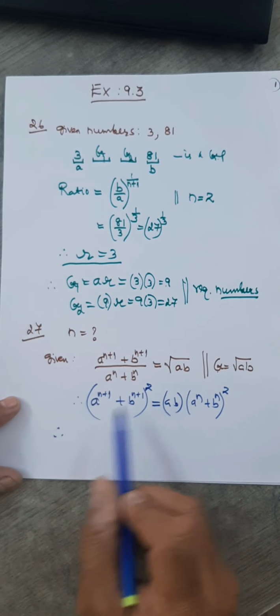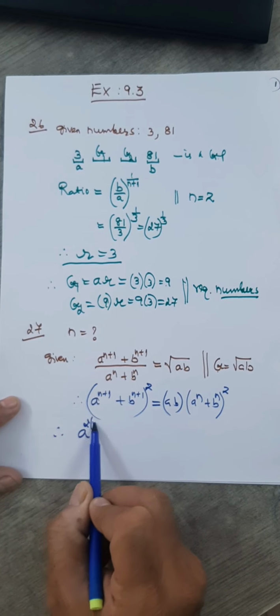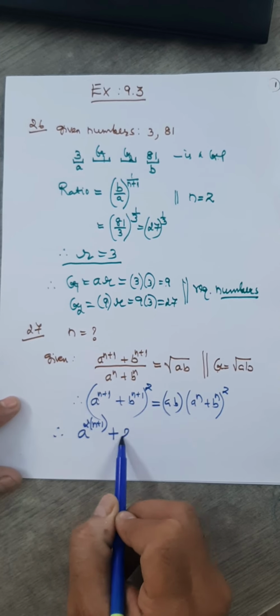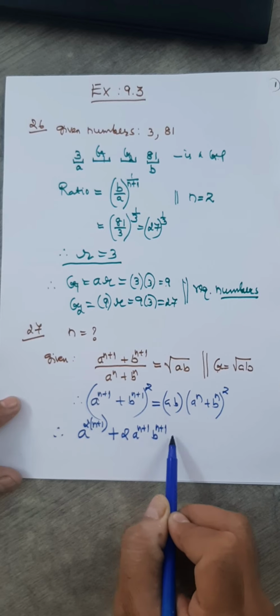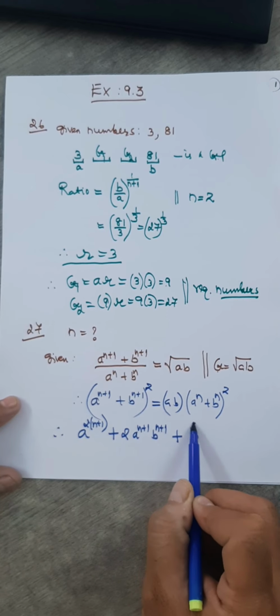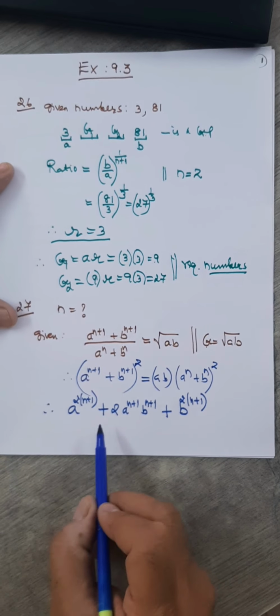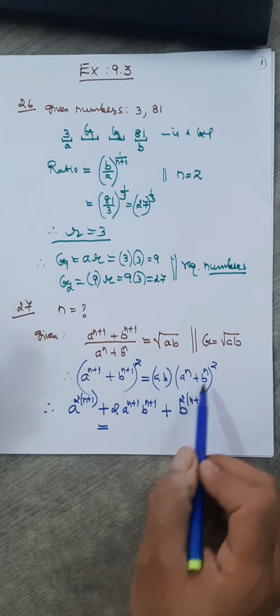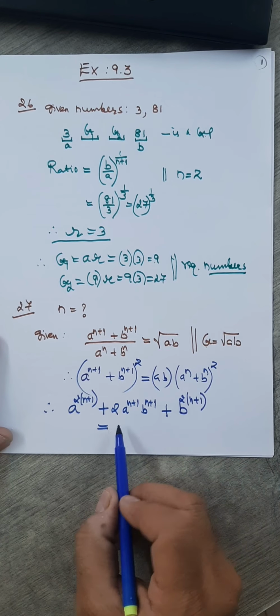Okay, now we expand this. What is this? Square. So power of the power gets multiplied. So square of the first term, plus the middle term, twice a raised to n plus 1 into b raised to n plus 1, plus the square of this, b raised to twice n plus 1. That is equal to, here I'll open the bracket and simultaneously I'll square it. So this is 2n.